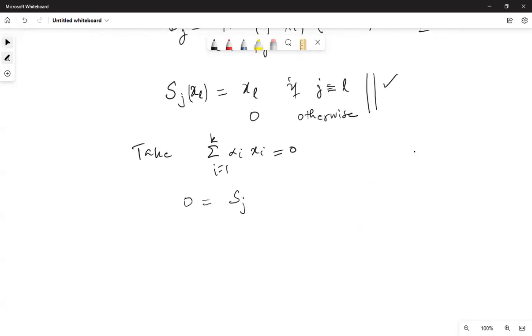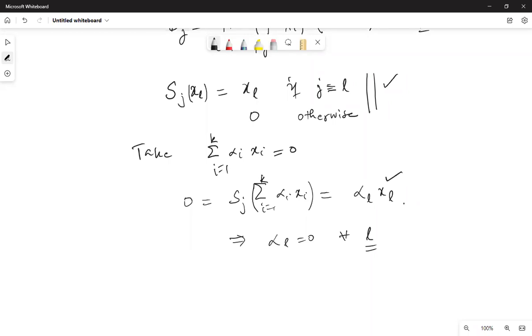So if you apply this on this vector, the sum over i from 1 to k of alpha i xi, this would lead to alpha l into xl. But since these are eigenvectors, therefore they are non-zero, this implies alpha l has to be 0 for all l.